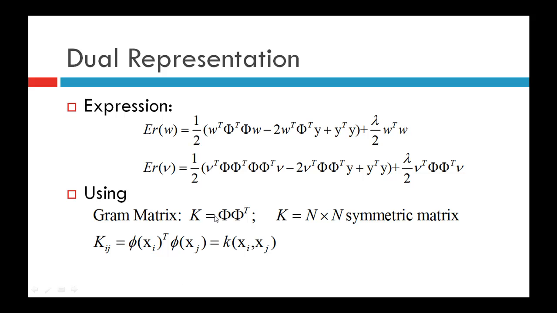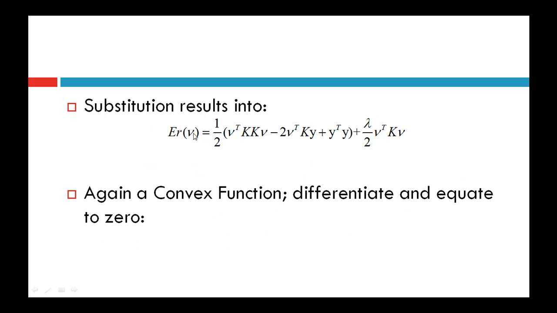So substituting K for phi times phi transpose gives this equation for the error function: half of nu transpose K times K nu minus twice nu transpose K y plus y transpose y plus lambda over 2 nu transpose K nu.